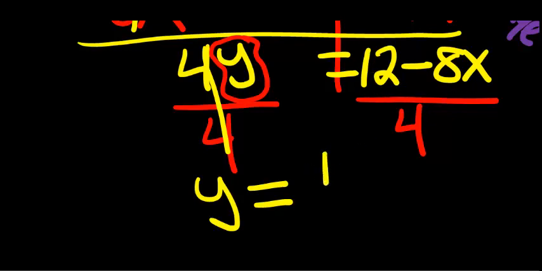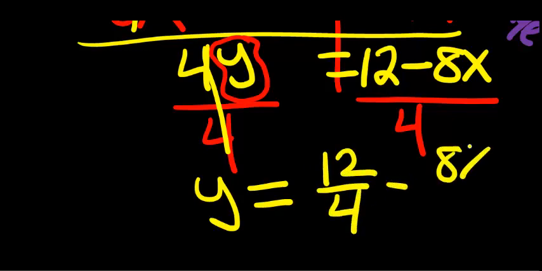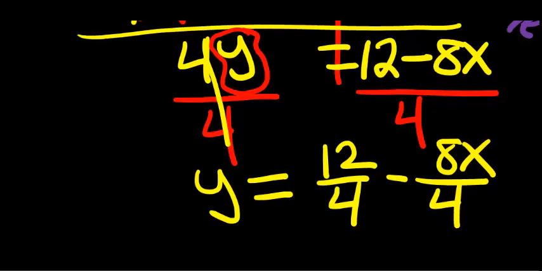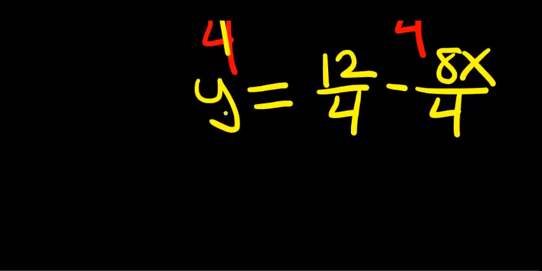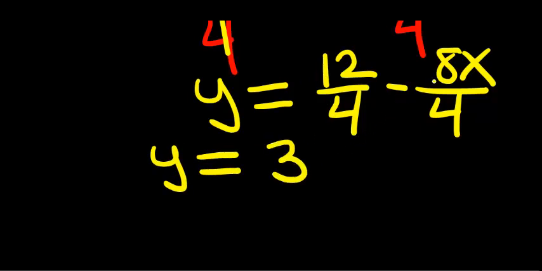So I'm going to have 12 divided by 4 minus 8x divided by 4. Now I still have y, and that's equal, 12 divided by 4 is going to give me a 3, 8 divided by 4 is going to give me a 2, and because of that negative sign, don't forget it, it's a negative 2x.